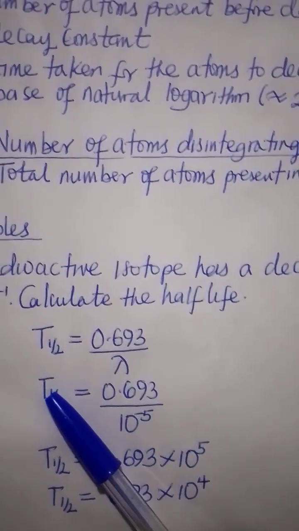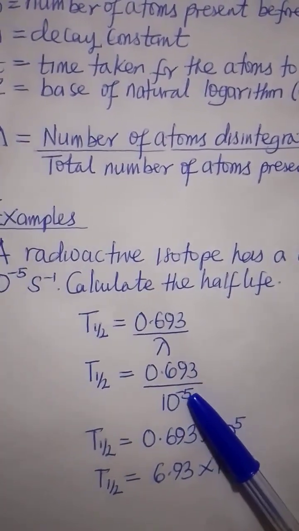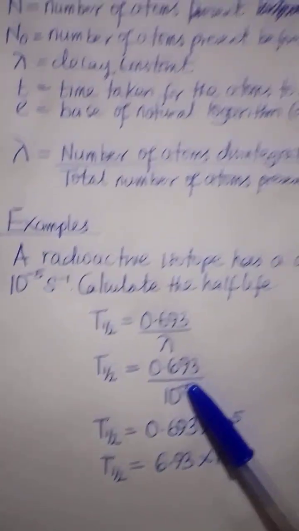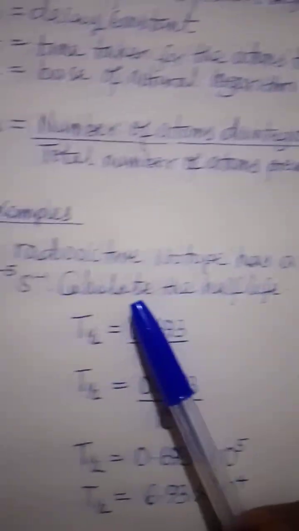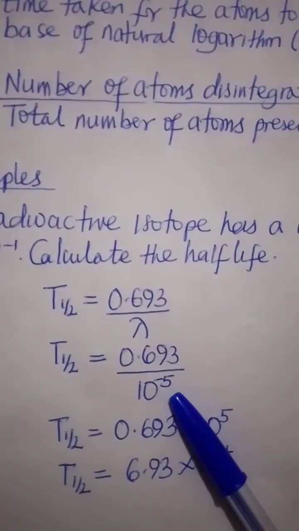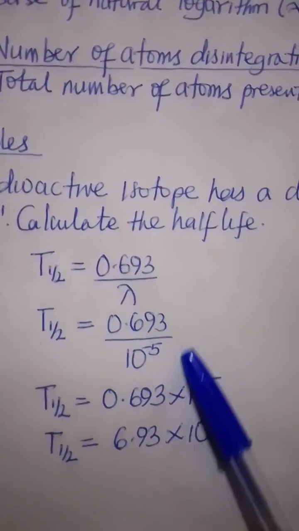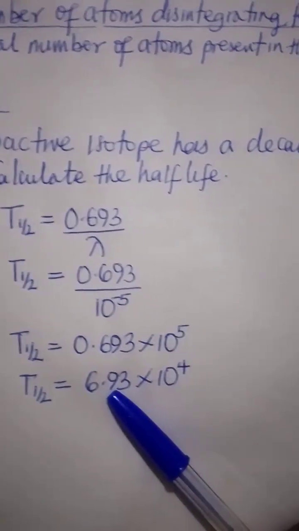So T half is 0.693 over 10 raised to power minus 5. Don't forget, we're given the decay constant of 10 raised to power minus 5 per second. So that's it. If you resolve this, you're going to get that, and finally you get to this point.